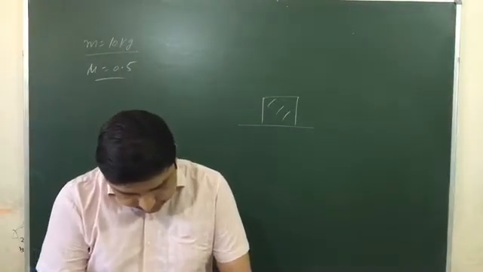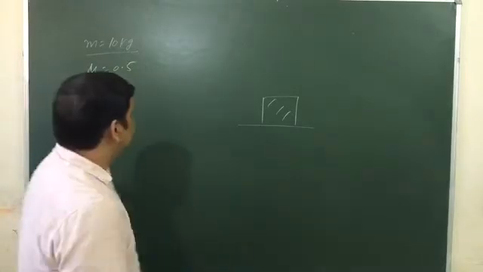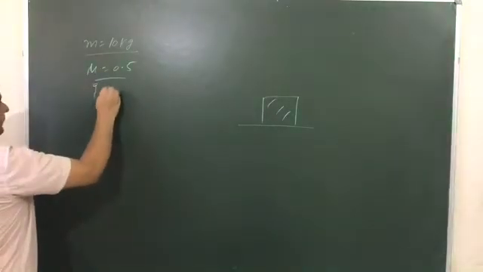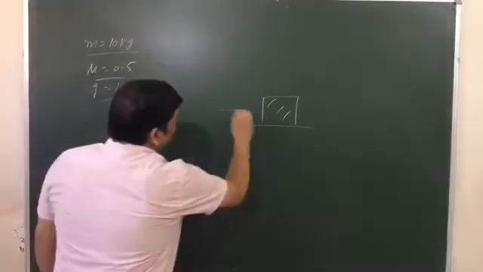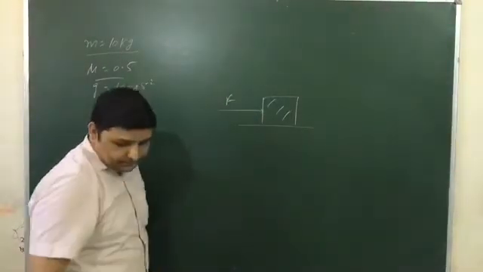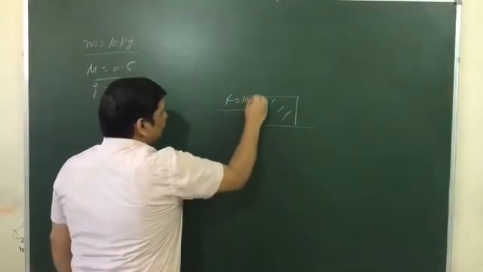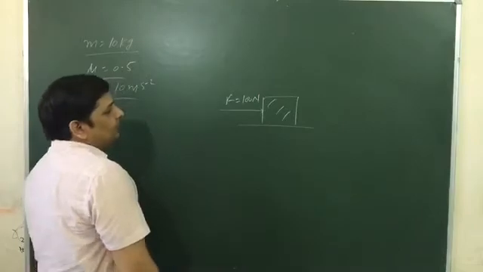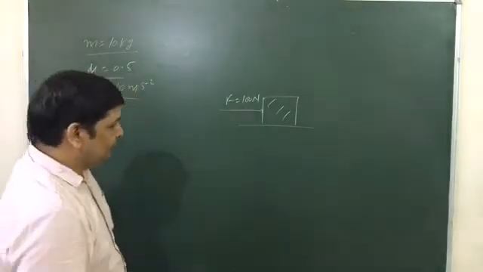Find the acceleration of the block, and g is given as 10 meter per second square. Force in this case is 100 Newton. We have to find the acceleration.